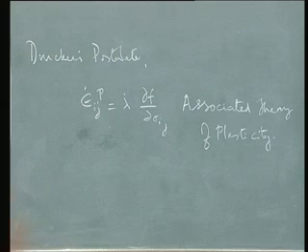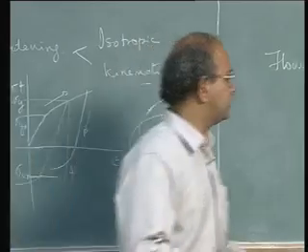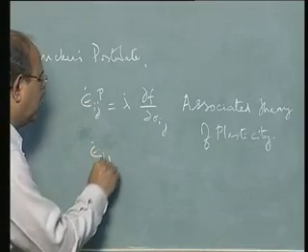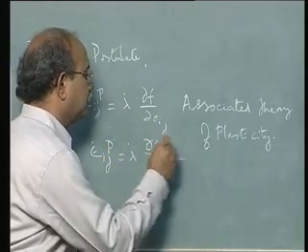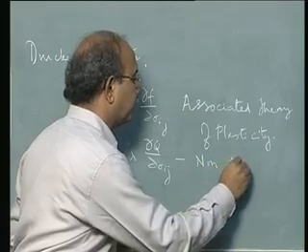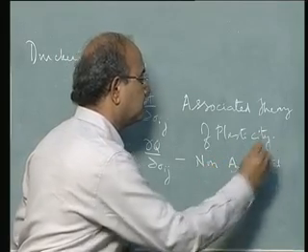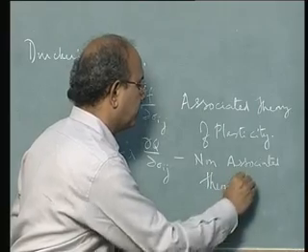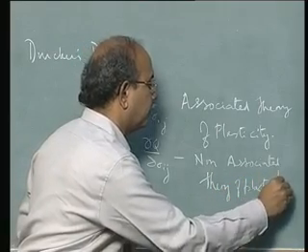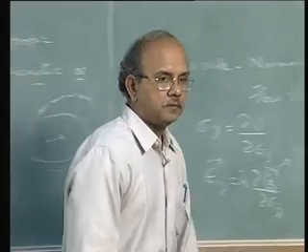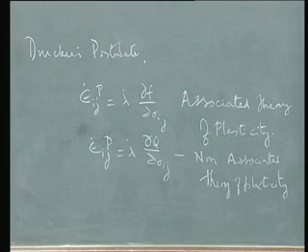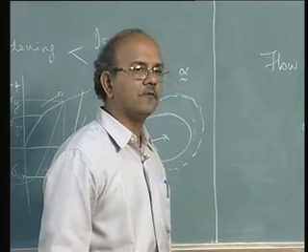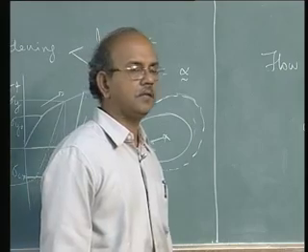So there are two theories: associated theory of plasticity, where q and f are the same, or non-associated theory of plasticity, where q and f differ. Is that clear? Now you see a proportionality constant lambda dot. We're going to have very interesting things from lambda dot later.